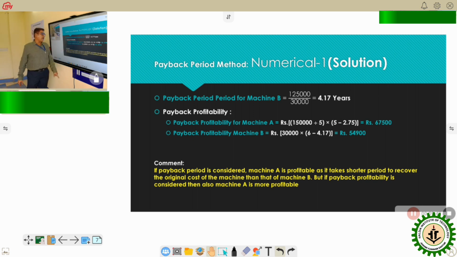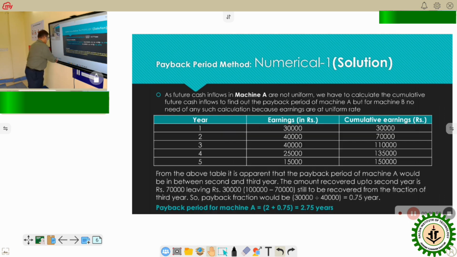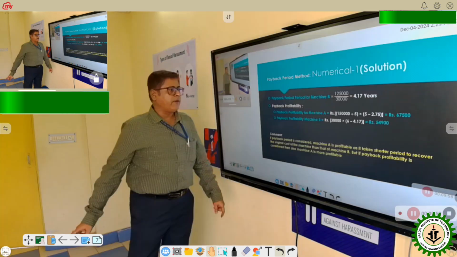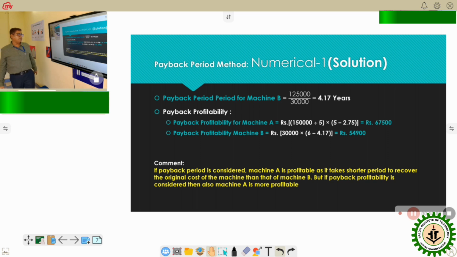For machine A, the total earnings are 1,50,000, so the average earnings will be 1,50,000 divided by 5, that is 50,000, multiplied by the difference of lifetime, 5 years, and 2.75, the payback period. So we get 67,500.